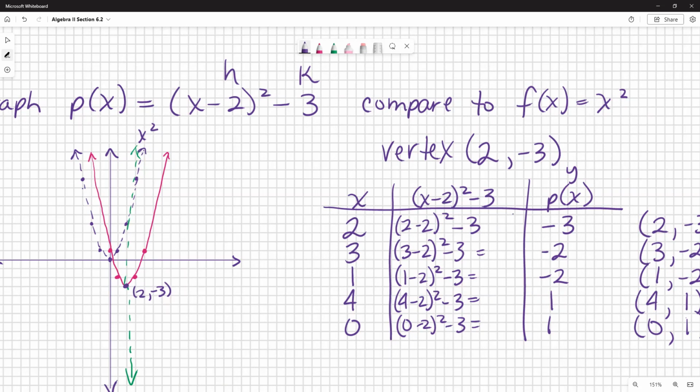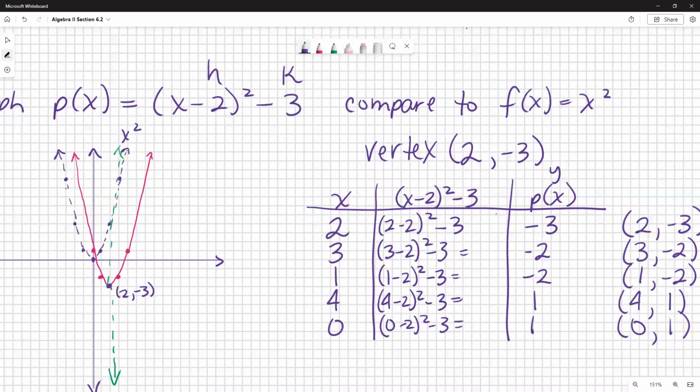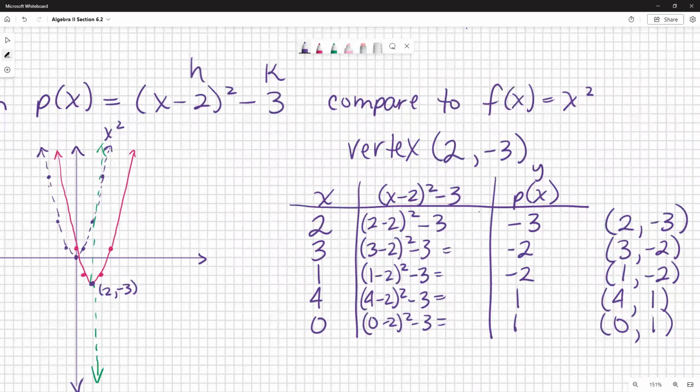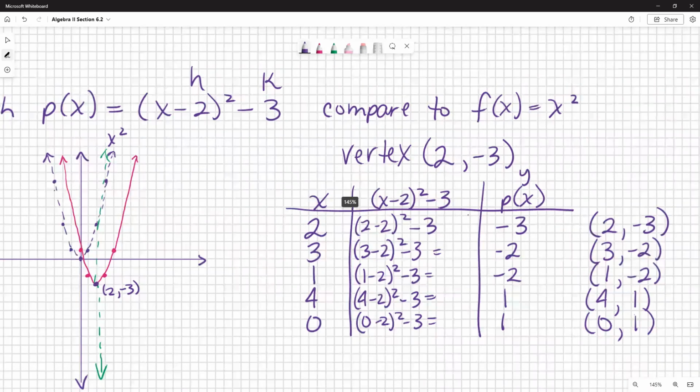And then from there I go to 3, negative 2, and 1, negative 2. And then at the y-intercept, we have 0, positive 1, and then perfectly symmetrical across my axis is 4, positive 1. And so that creates my parabola.